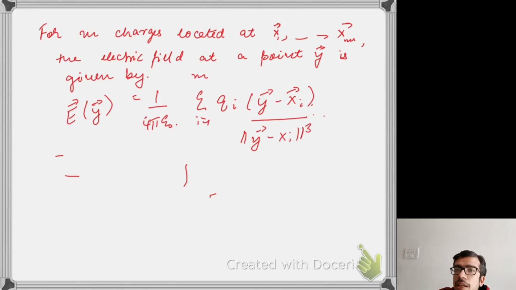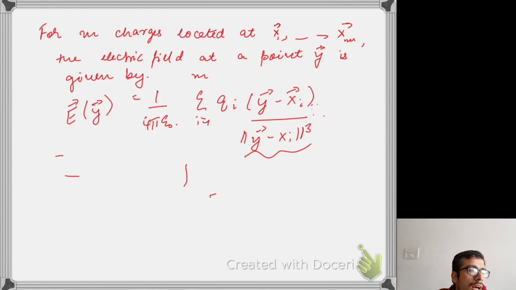Cubed because I have to do a square in the denominator, but then I also need to add the direction. So to get the direction vector, I do (y − xi) over the norm of (y − xi), and that puts a cube in the denominator. So this is for m charges.